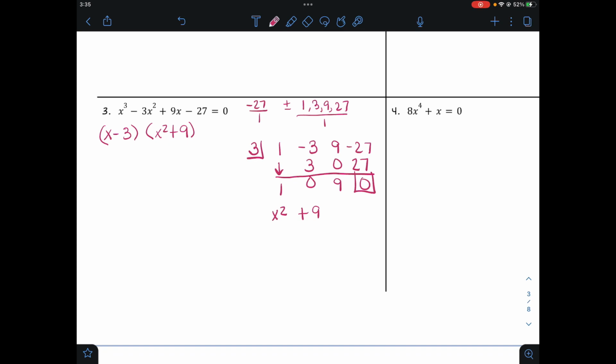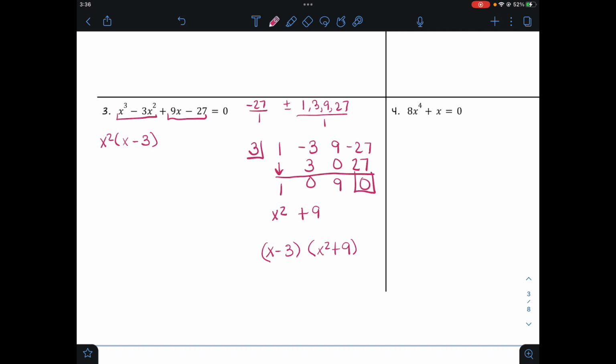Now, notice that I had these pieces, these factors, when I used synthetic, and then I still would have to solve. But if I do factor by grouping, which some of you are still having a problem with, I want to go through that process. So we kind of break it up and we look at each section. We look at what can we take out of this section. We can take out an x squared, and we're left with x minus 3.